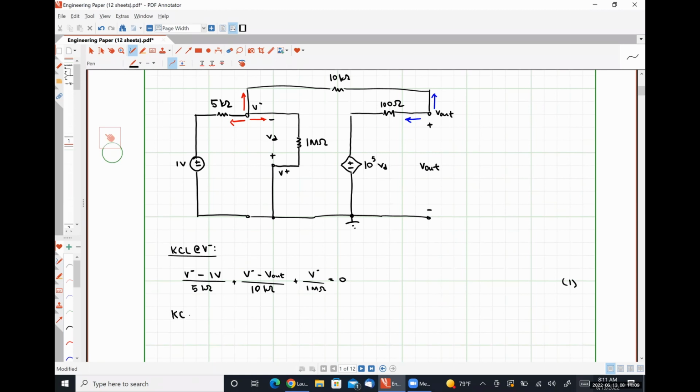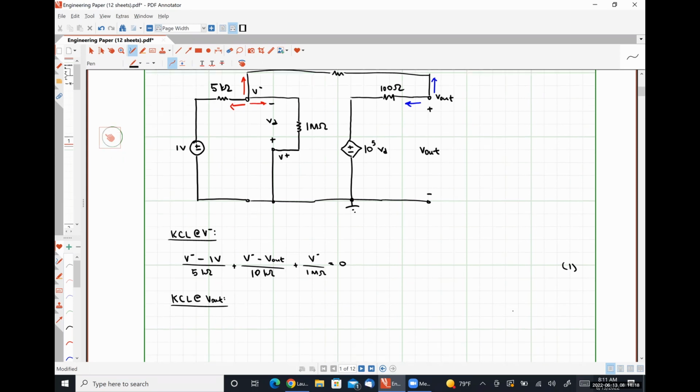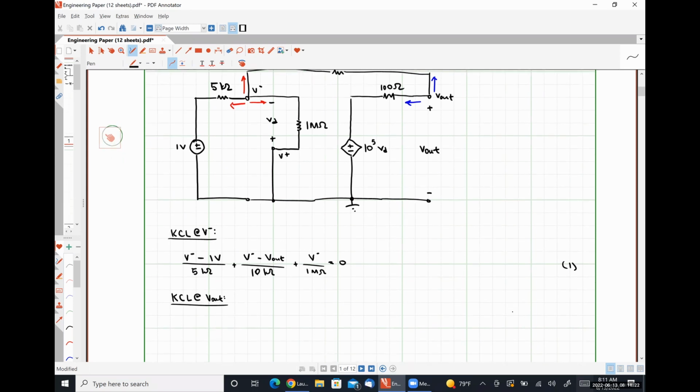When we apply KCL at our output node, we're going to have V out minus 10 to the 5 VD, where in this case VD is V plus 0 minus V minus, or negative V minus, divided by 100 ohms.